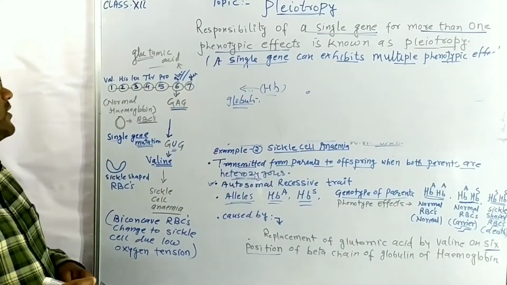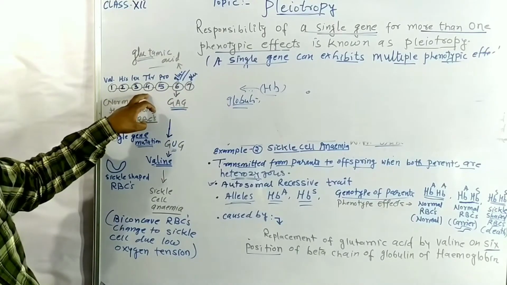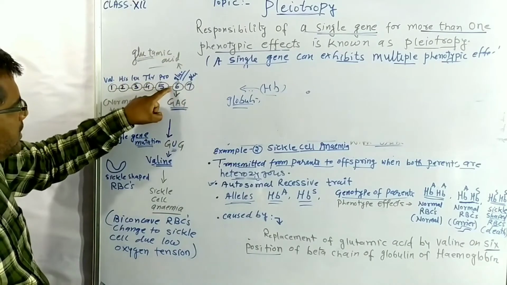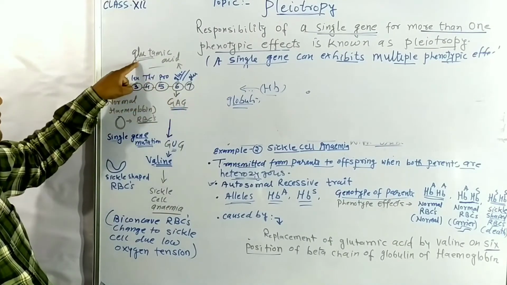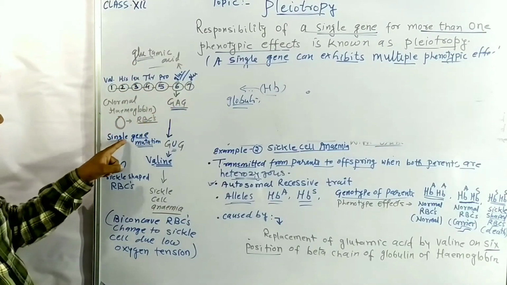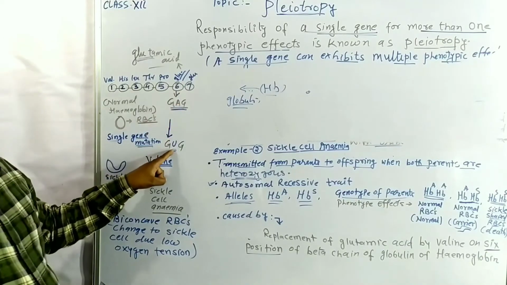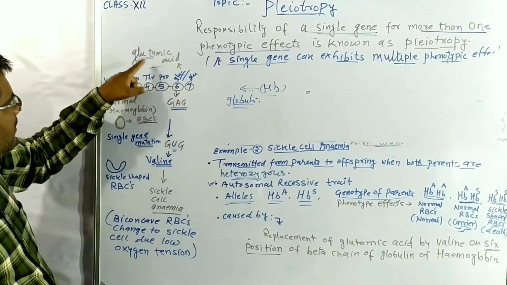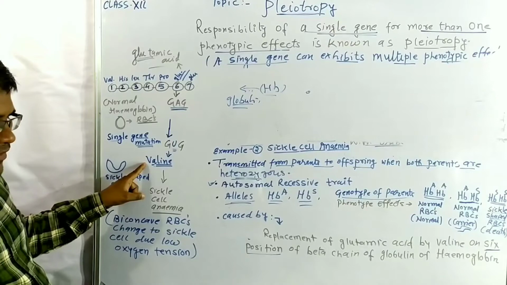To understand first, in the hemoglobin molecule, there is a globin chain. In this globin chain, on the 6th position, the GAG code is there, coding for glutamic acid. But A is changed. It means this is a single gene mutation. So when A is changed to U, instead of glutamic acid, valine is formed.